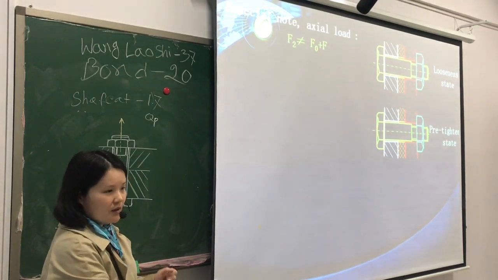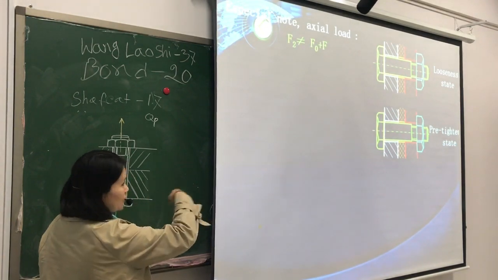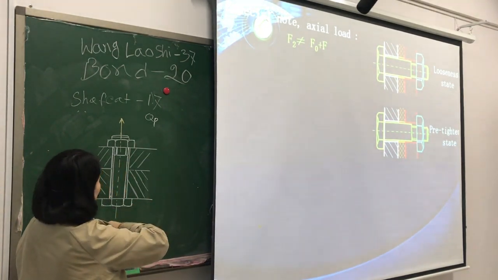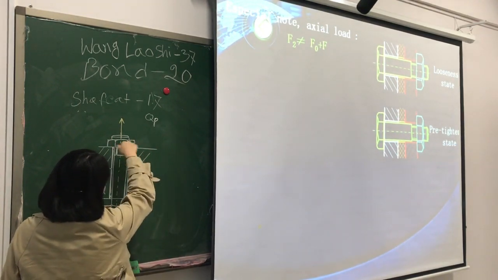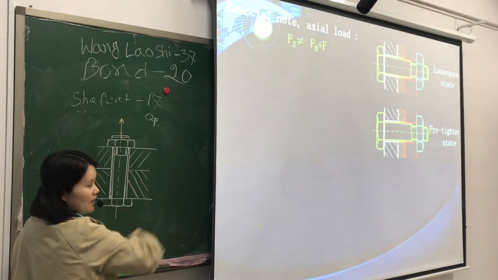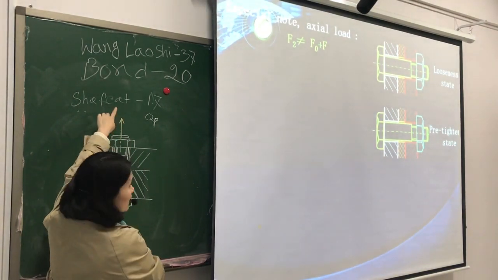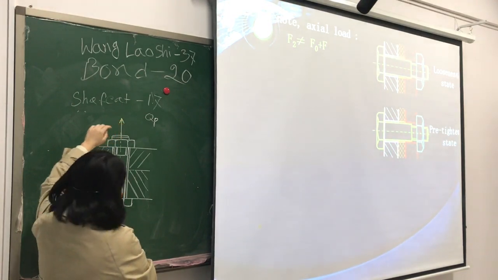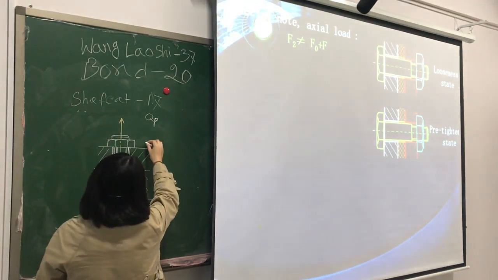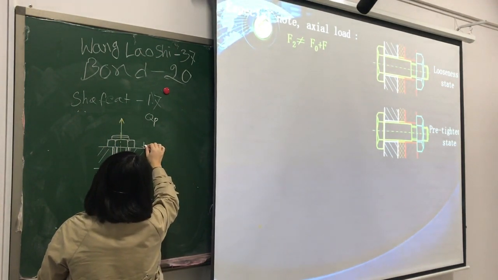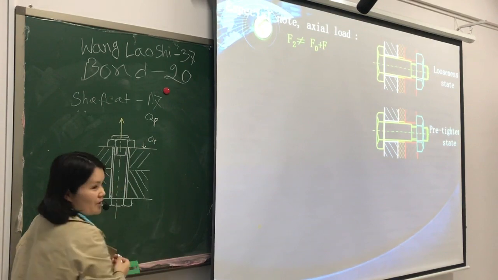The QP is caused by the tightening torque, and under the tightening torque, the bolt is subject to a tensile stress, and the members are subject to a compressed stress.